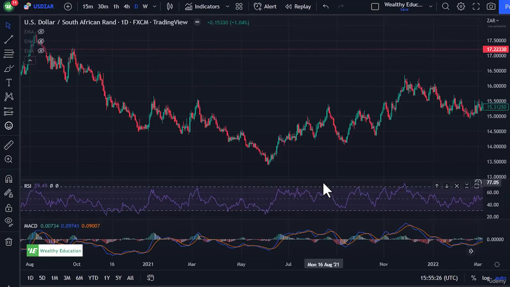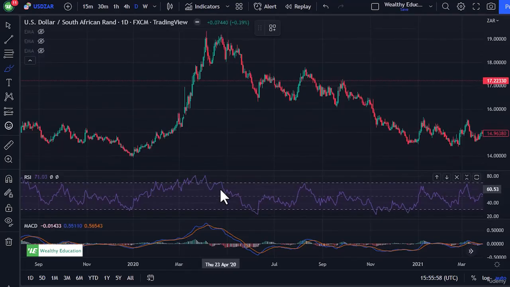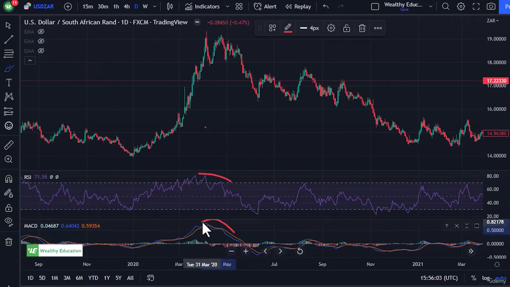There is something called divergence that people pay close attention to. So divergence is just simply when price is going one way and the momentum indicator is going in the opposite. So, for example, if price is continuing to rise, but notice how, so like here, price was rising. Notice how momentum was dropping. So your RSI and your moving averages were dropping.